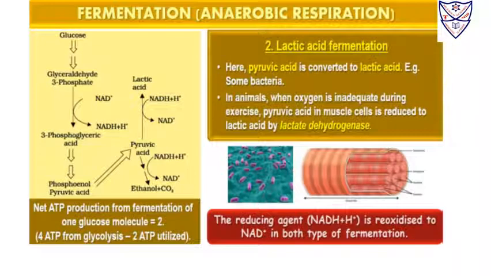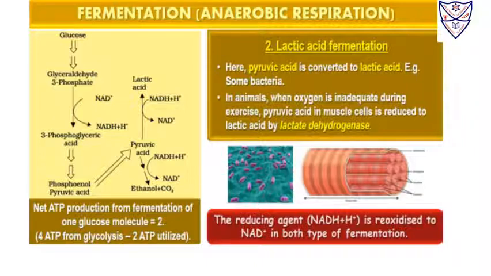Then we have lactic acid fermentation. Here, pyruvic acid is converted into lactic acid. This occurs in some bacteria. Here, net production of ATP from one glucose molecule is 2. So in animals, when oxygen is inadequate during exercise, pyruvic acid in muscle cell is reduced to lactic acid by the enzyme lactate dehydrogenase.